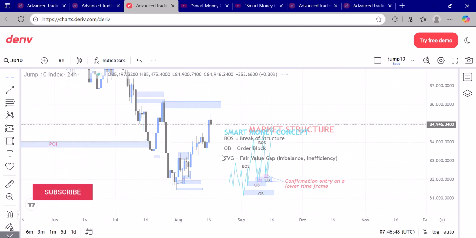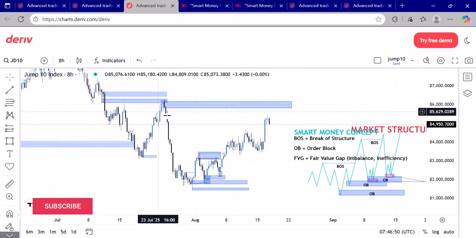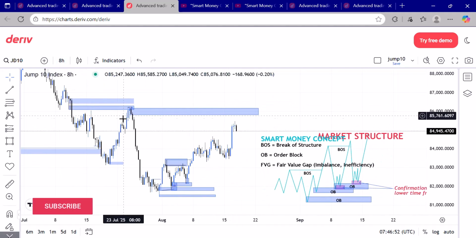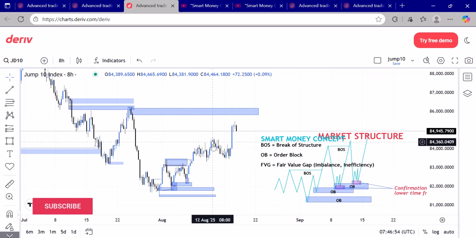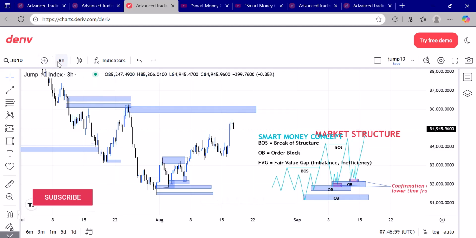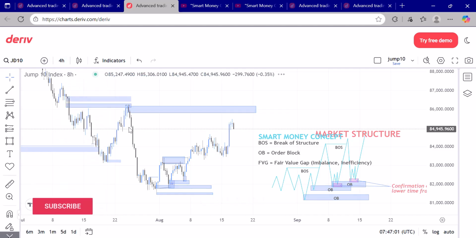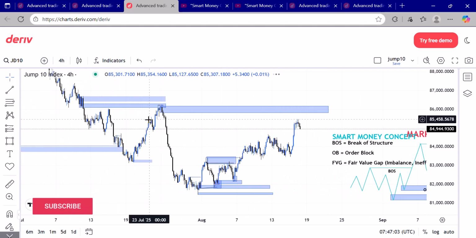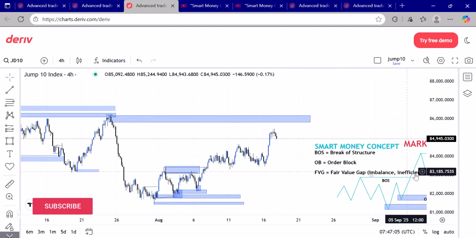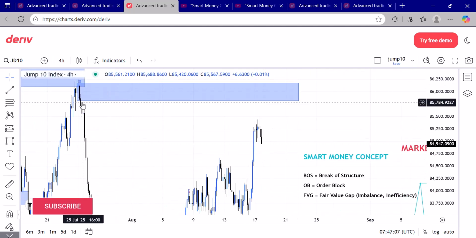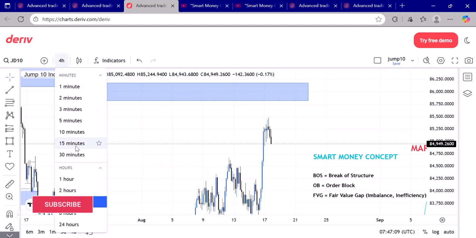So if we go down to a lower time frame, this is the 8 hours time frame, this is our demand zone. So we are still waiting for price to come into the zone and then sell off. We can still refine this order block if we go to our 4 hours time frame. There's nothing to refine there in the 4 hours time frame.